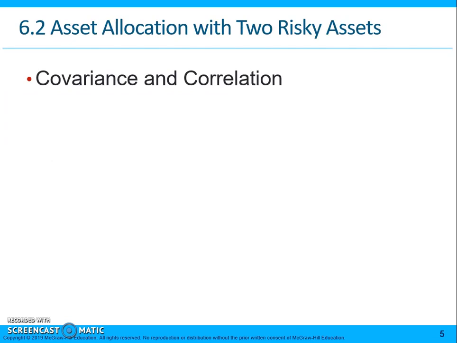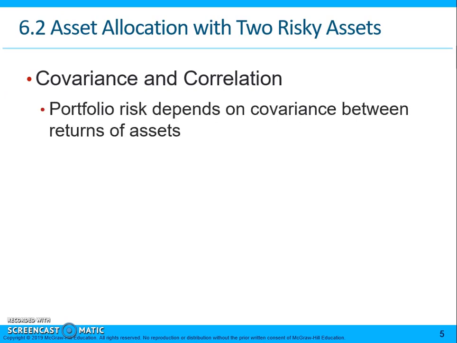Covariance and correlation are part of the statistical analysis that we'll do to develop our optimal portfolios. Portfolio risk depends on the correlation, the covariance between the returns of two assets. The best thing that you can have between two assets is a negative covariance or negative correlation.